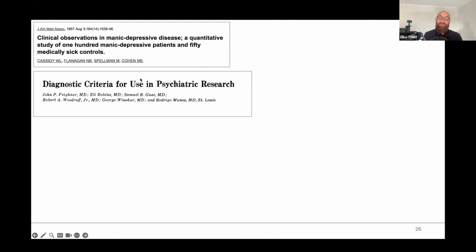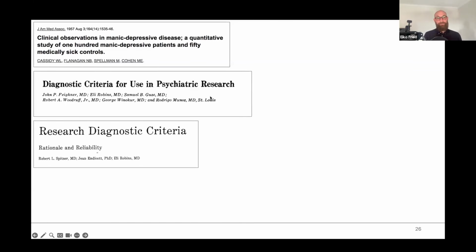Then there was this famous paper in 1973, I want to say, by Feighner, who wrote down diagnostic criteria for a couple of disorders, including depression, and relied heavily on the Cassidy list from 1957, rather than other lists that existed back then.